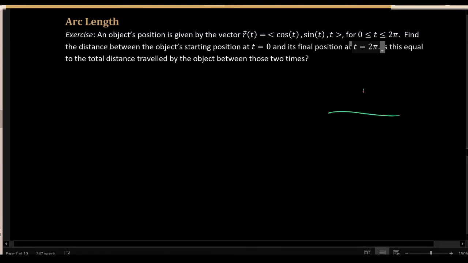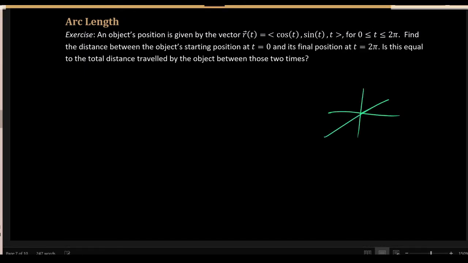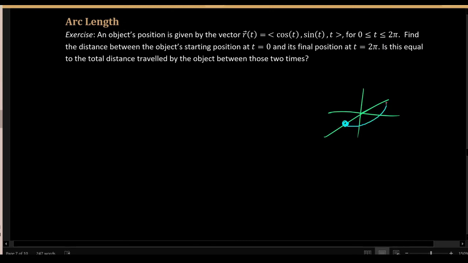Now, we can answer the second question immediately, I think. The object starts here at the positive x-axis, loops around as if on a spiral staircase. When the time is 2 pi, the object is back hovering above the positive x-axis, but this time the z value has grown to 2 pi units.